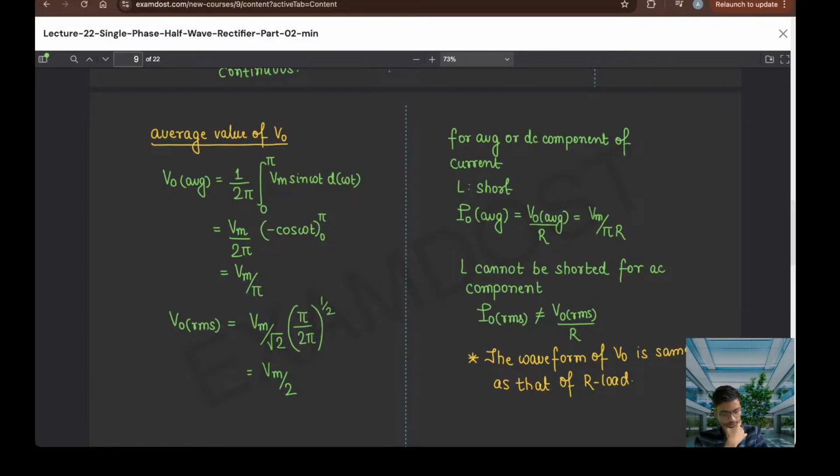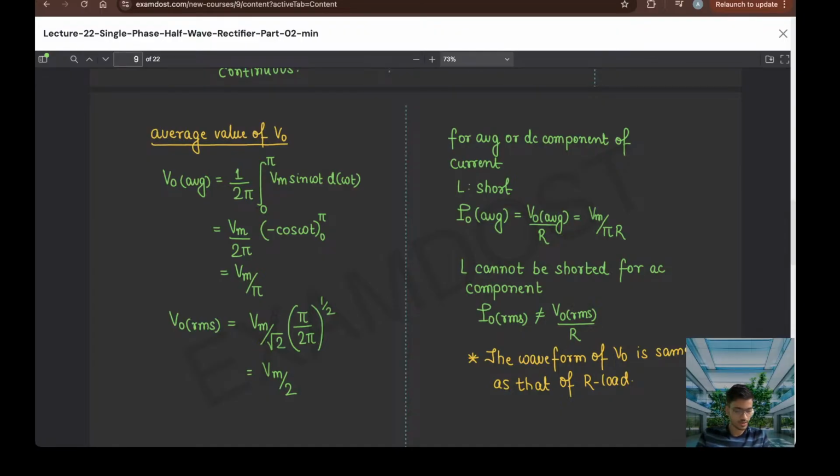Vm by 2 pi, and the integral of sin omega t is minus cos omega t, so over omega t from 0 to pi. Cos 0 is 1, and minus minus 1, so 2. So Vm by pi would be our V naught average.